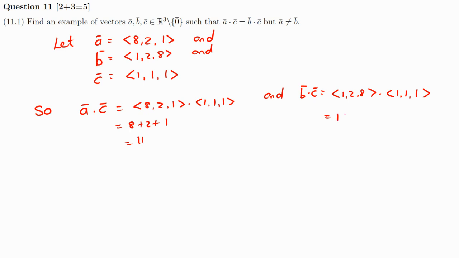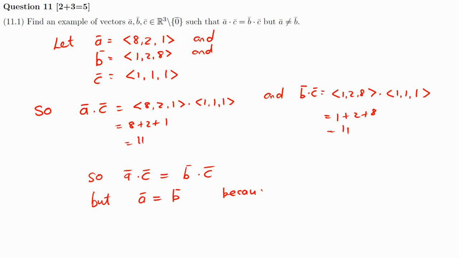This will also be equal to 1 plus 2 plus 8, which will also be 11. So a dot c is equal to b dot c, but a is not equal to b.